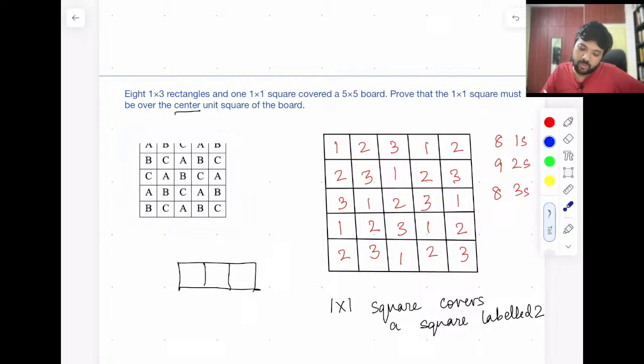It could be this 2, it could be this 2, it could be any one of these 2s. Which 2 is it?